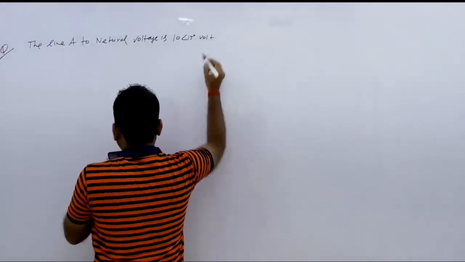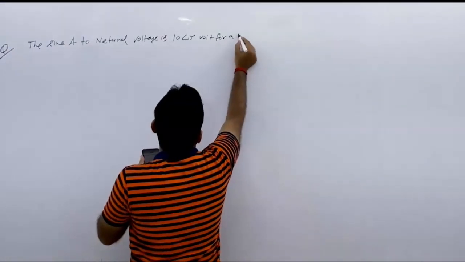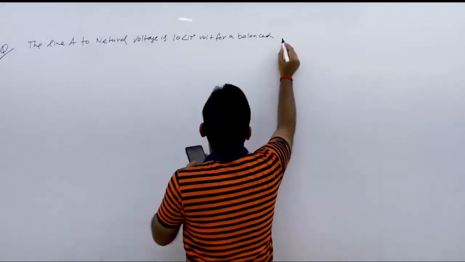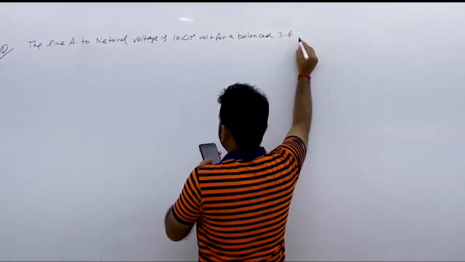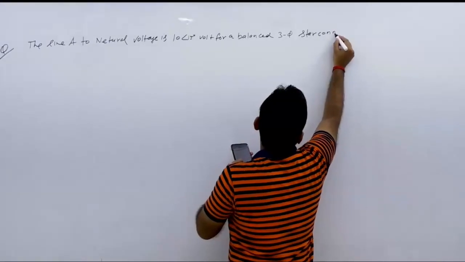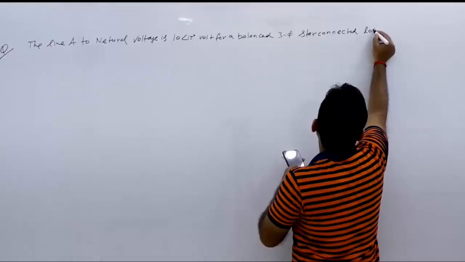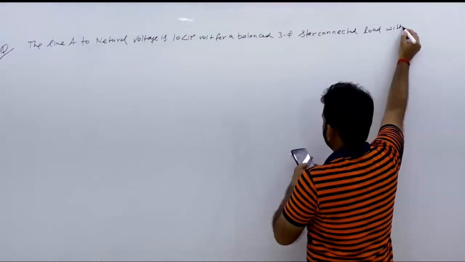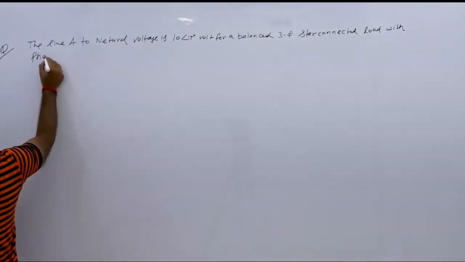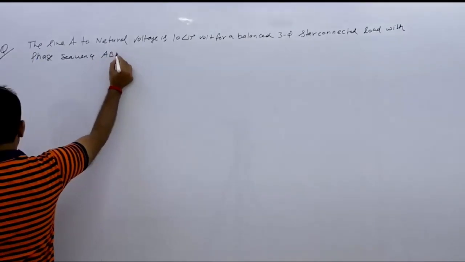ठीक है यहाँ तक. For a balanced three-phase star connected load with phase sequence ABC, ठीक है भाई यहाँ तक.